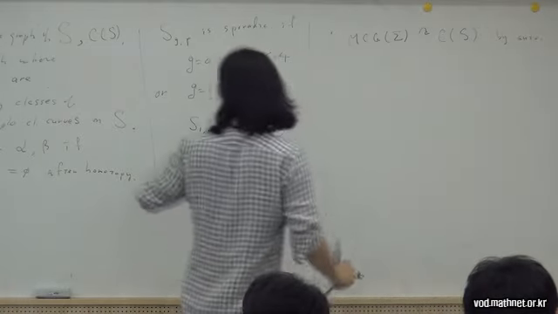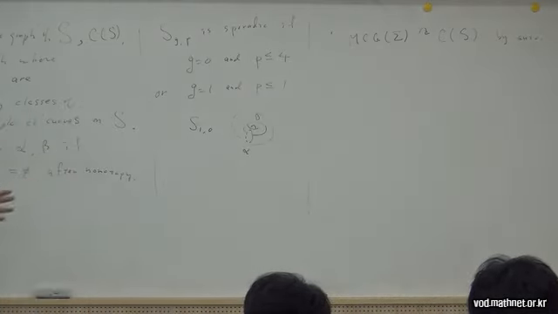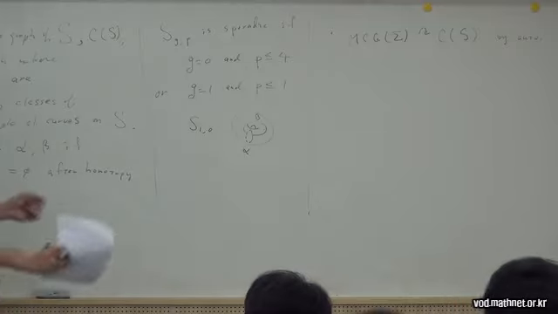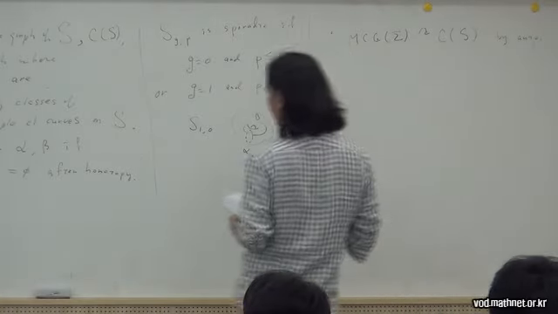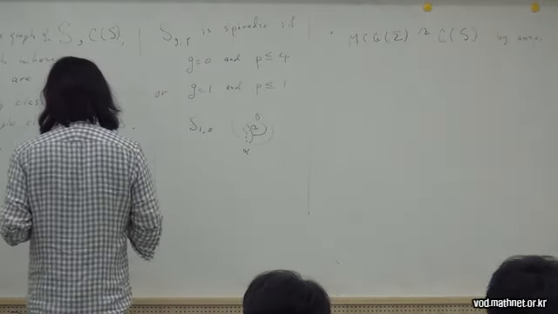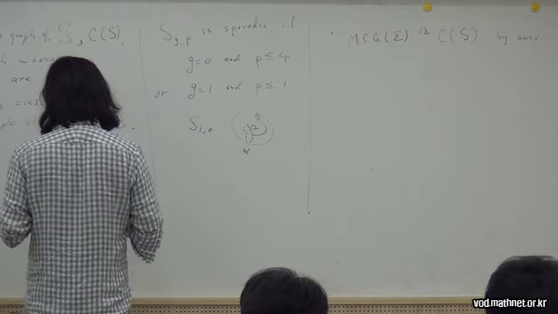Because a vertex is mapped to a vertex, since a simple closed curve is mapped to a simple closed curve by a homeomorphism, and also disjointness is preserved, therefore it preserves the graph structure. Okay, so that's the first trivial observation.